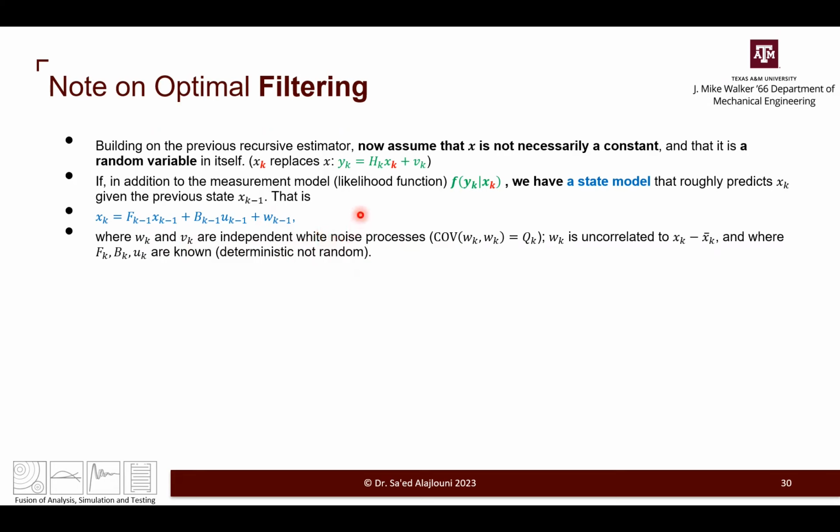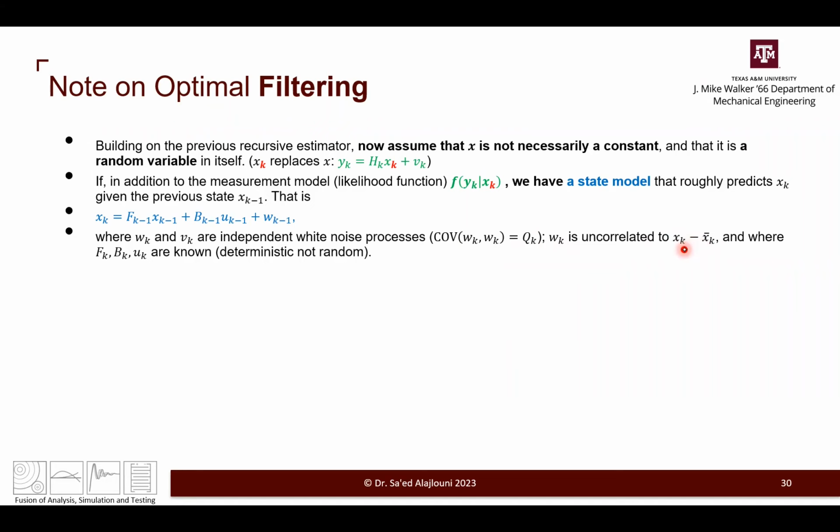If you take the cross covariance between W and V, it's going to be 0. We're going to call the covariance of W, the process or state model disturbance, Q. And we're also going to assume that W is uncorrelated to this vector here, x minus x bar.